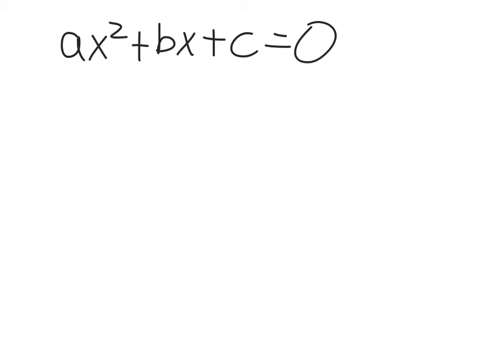Now, to prove it, we're going to use letters to represent the coefficients and the constant. Solving this, we're going to go through exactly the same procedure we did with our previous example. Looks a little more difficult with the letters, but exact same procedure. First of all, subtract c from both sides.